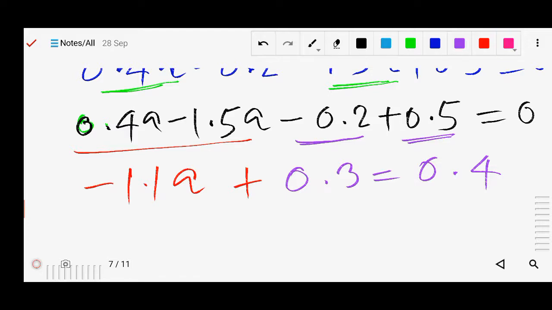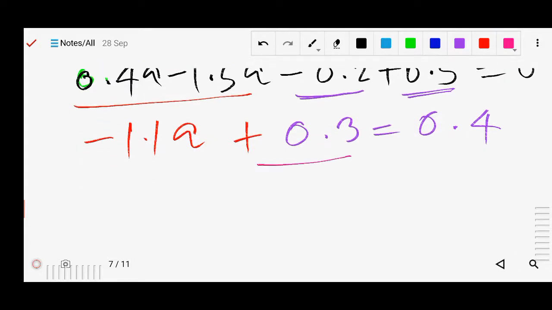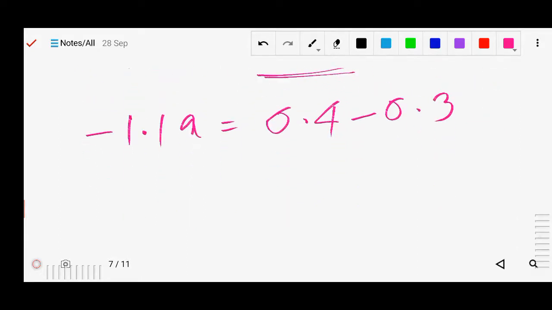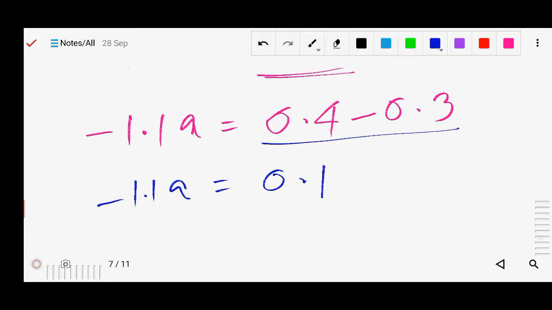Okay, now you can shift this part, so minus 1.1a equals, that side 0.4 is there already, so minus 0.3. Now next step, you can subtract these two, so you will get 0.1 after subtracting.